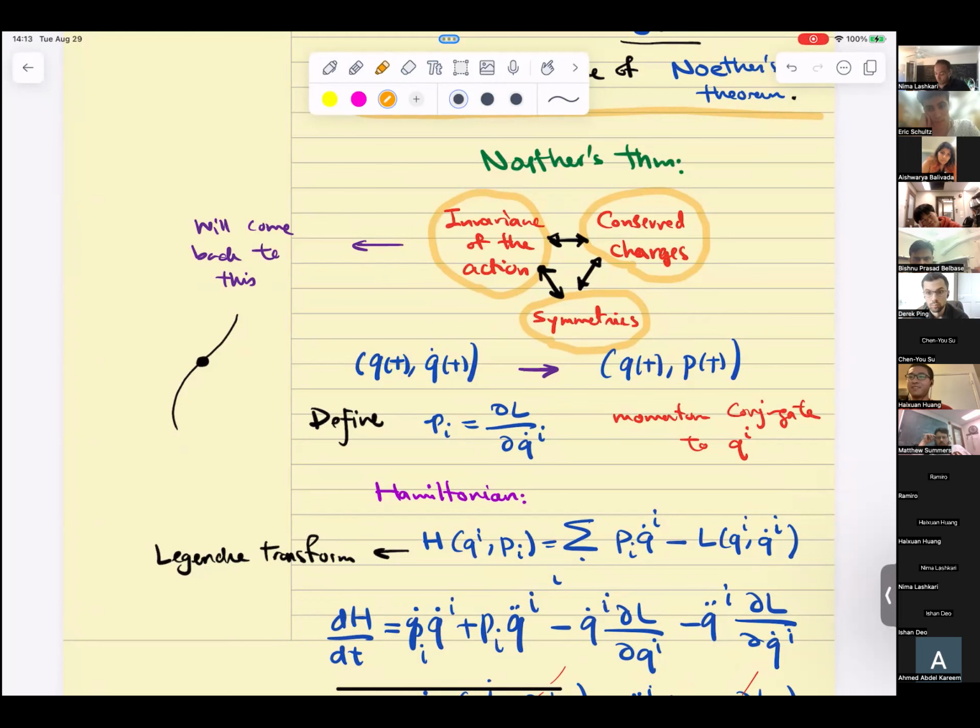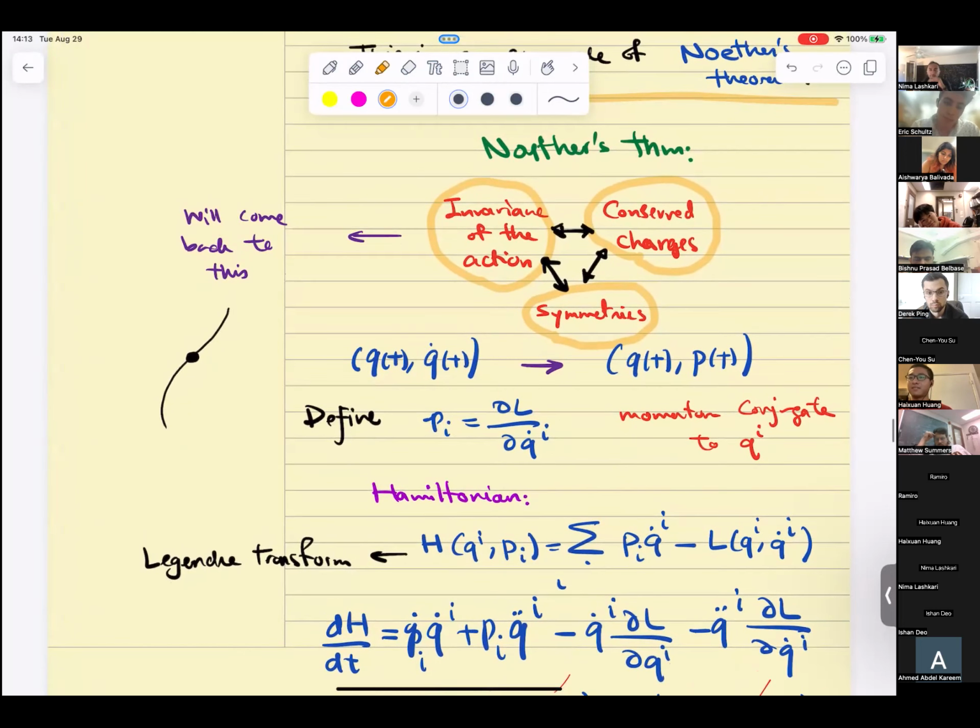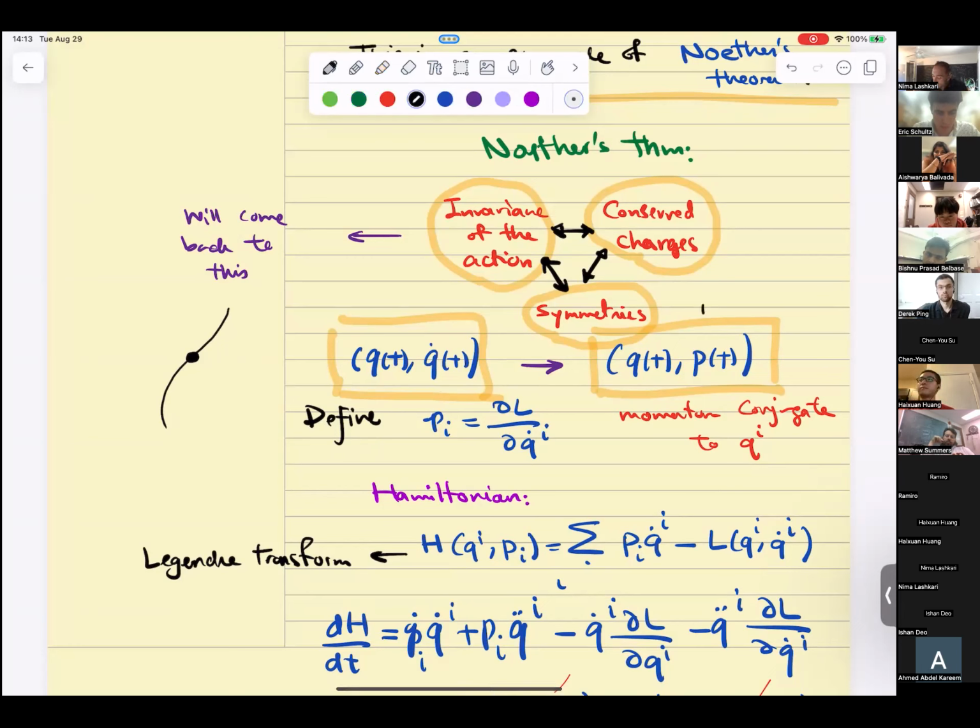Right? Good. So to see this, to make this very manifest, I'm going to change my variables from Q and Q dot of T to Q of T and P of T. P of T is the momentum conjugate to Qi, right? I'm going to play a trick. So this is often called phase space, right? I want you to know that what I'm doing is fully general.